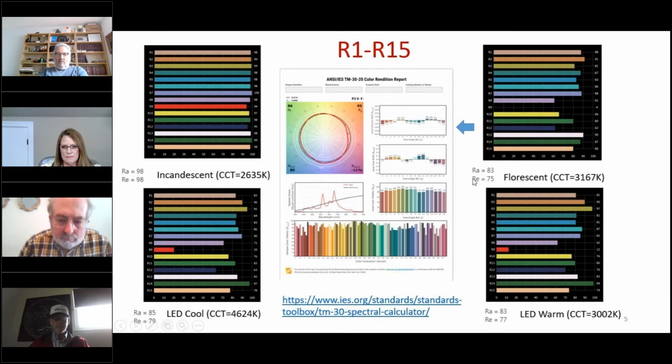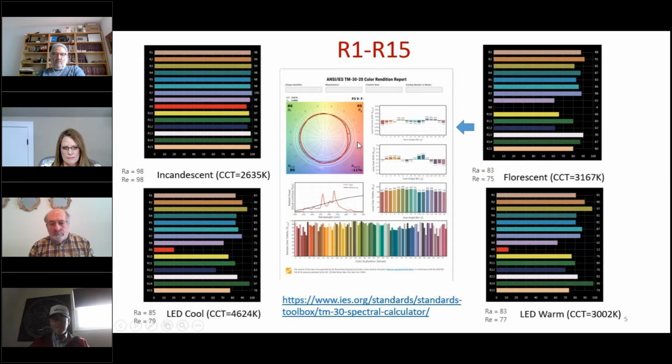So again, the average Ra is 83, R1 to R8, and Re, R1 to R15, is 75. For the LEDs, you see the red is there. It's a small 12 and 20, but still positive values: Ra 85, Re 79, Ra 83, Re 77.